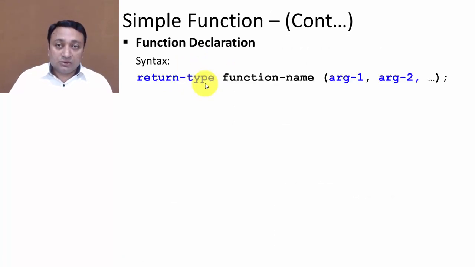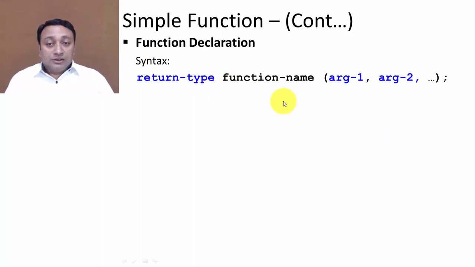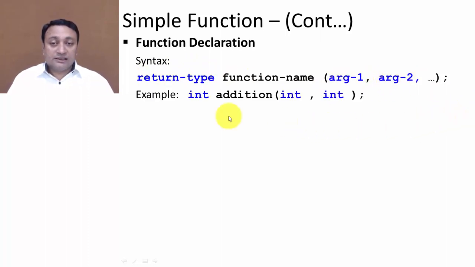Let us go through the syntax. You can give any name. It will follow the same rules as variable name declaration. So you can give the function name as you require, return type and set of arguments. Here is the example.